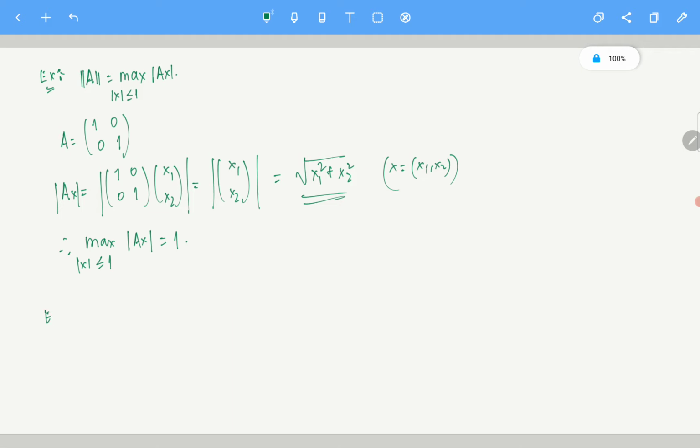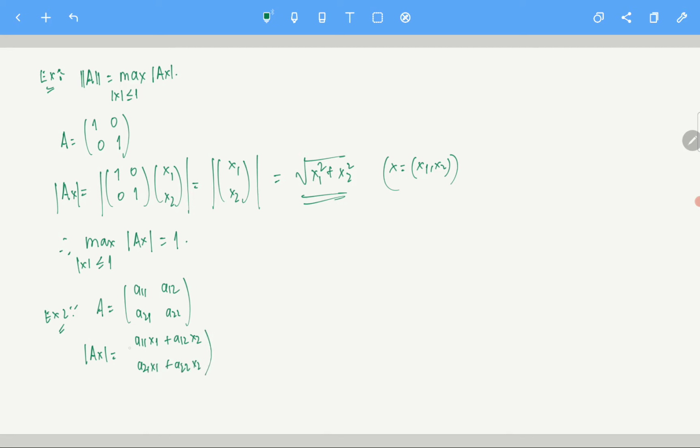Example 2. Now this I am not doing, you have to do it yourself. For an arbitrary matrix, let's say A is A11, A12, A21, A22. I'm doing it for 2 cross 2, you can do it for n cross n also, no issues. What is AX? It is (A11 x1 plus A12 x2, A21 x1 plus A22 x2).